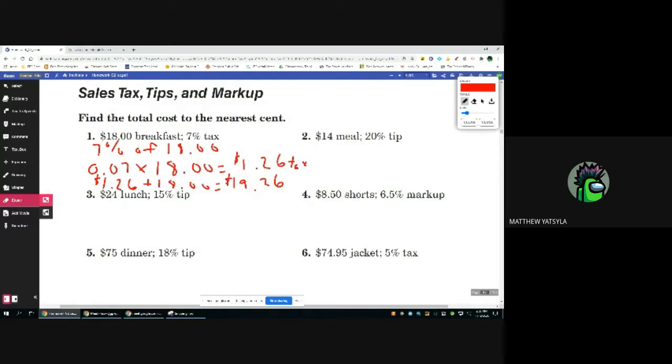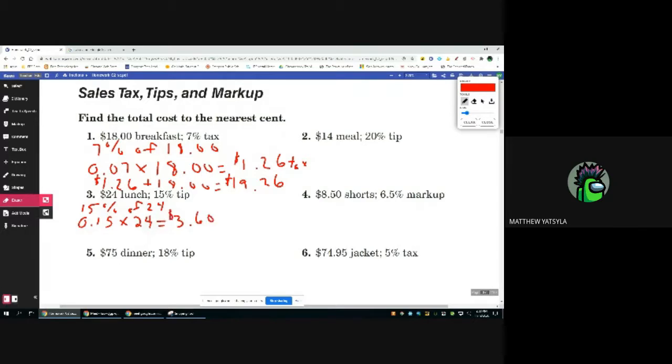All right. Let's do the same thing for number three. $24 lunch with a 15% tip. So we're going to take 15% of 24, so 0.15 times 24 equals $3.60.